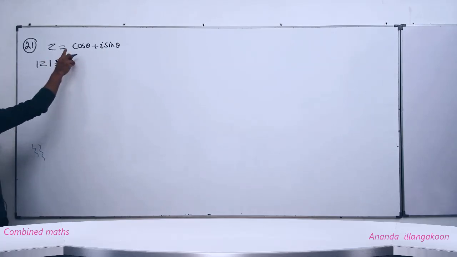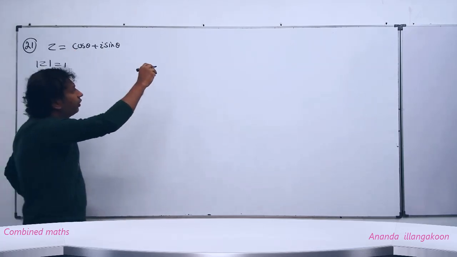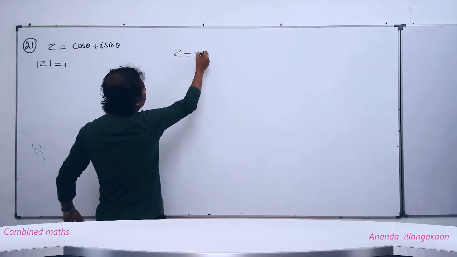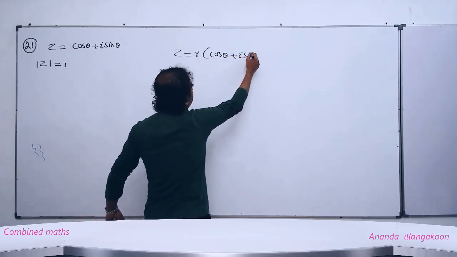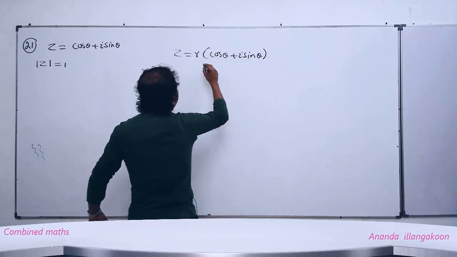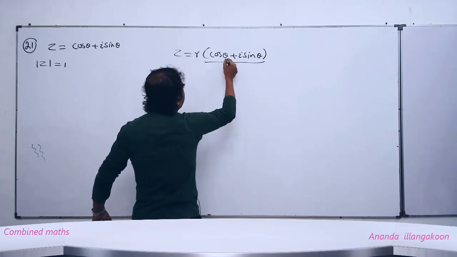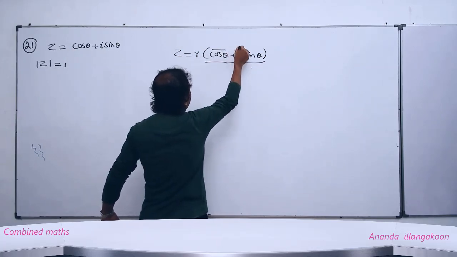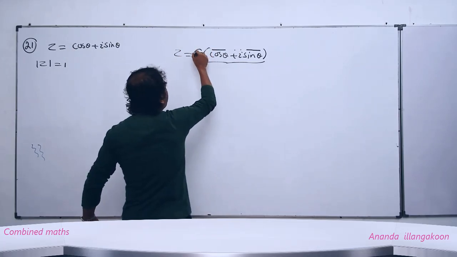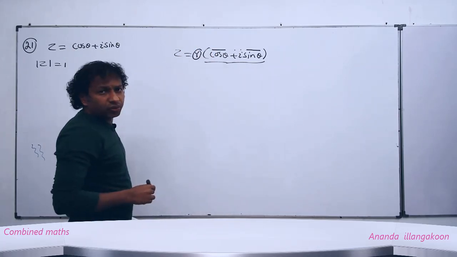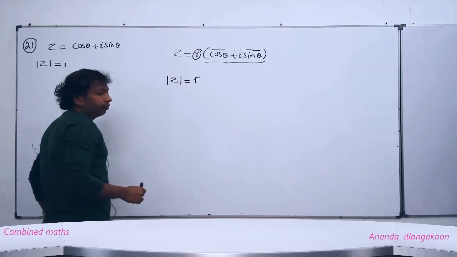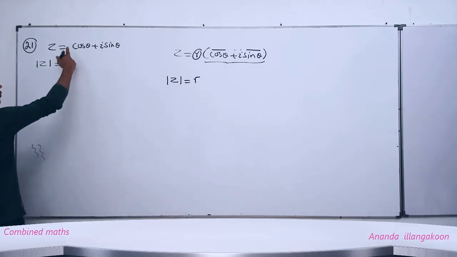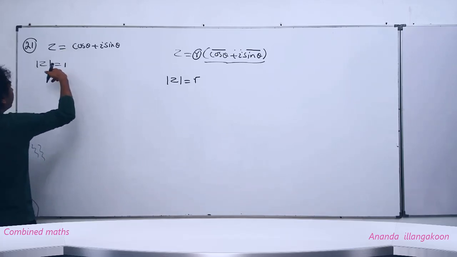Usually, if we consider the polar form of the complex number, what we have before the bracket, with the cos theta plus i sin theta form inside the bracket, is the modulus of z. Here we have 1 in that place. Therefore, mod z is 1.